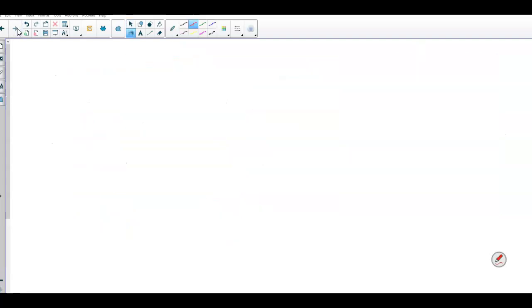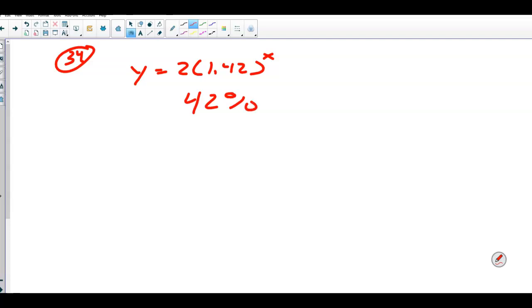All right, the growth rate. So we have y equals 2 times 1.42 to the x. This is 34. That growth rate is 42%. It's whatever the number is after the decimal. For 35, we want our rate of decay.